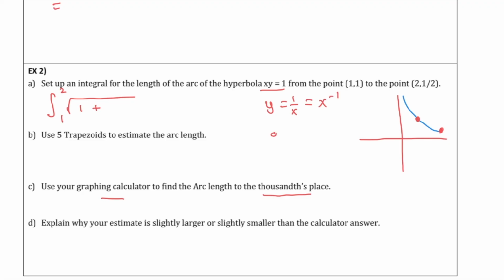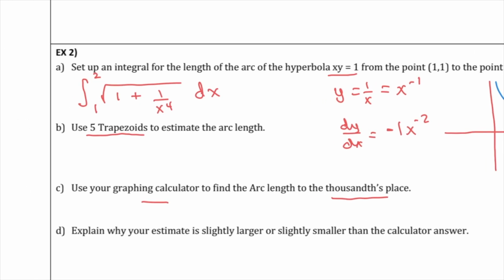So dy/dx is going to be negative 1 times x to the negative 2. Simplify that and square it. We will have 1 over x to the 4th, and dx. All right, so we're going to use first 5 trapezoids to estimate this arc length.